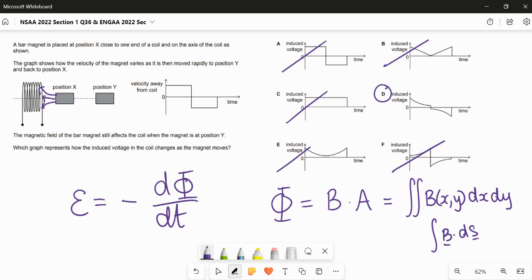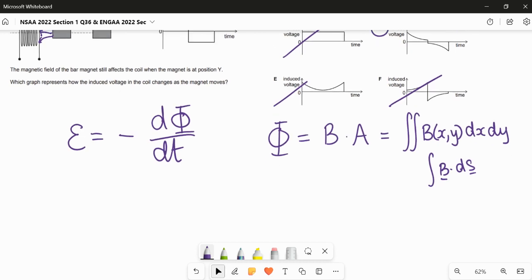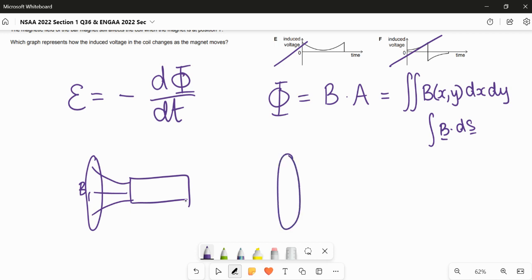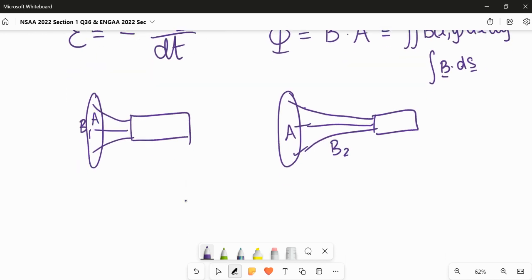So again, just to put this a bit more in maths, if anyone is still confused, if we looked at the magnetic field at one time, let's say the magnetic field is B1 through that area, then when we move it away, the magnetic field is B2 through that area, then the change in flux would be B2A minus B1A.